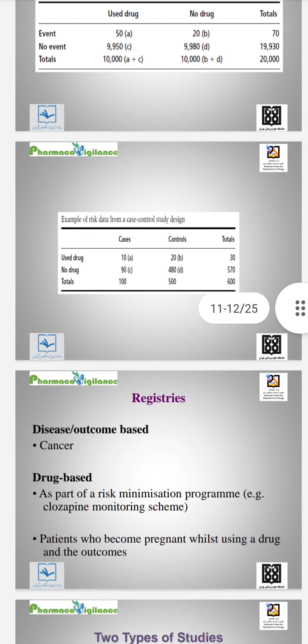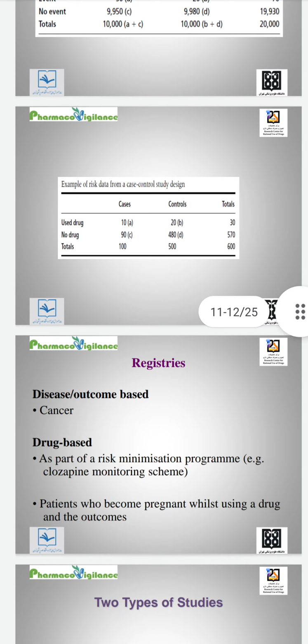The registries. This is outcome based. Outcome based, for example cancer. Drug based, as a part of a risk minimization program, for example the clozapine monitoring scheme.